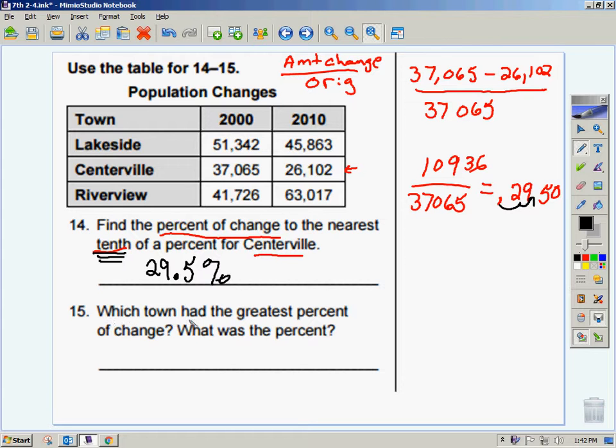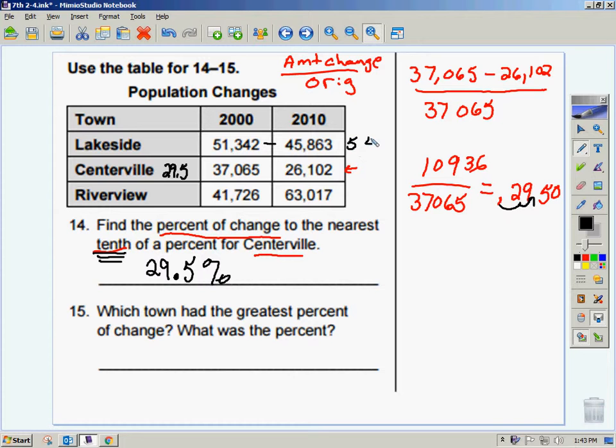Number 15, it says which town has the greatest percent increase. I actually could look at them and tell. But if you can't, you actually have to calculate it out. This one was 29.5%. I would subtract these two. So I'd have 51,000 minus 45,863.